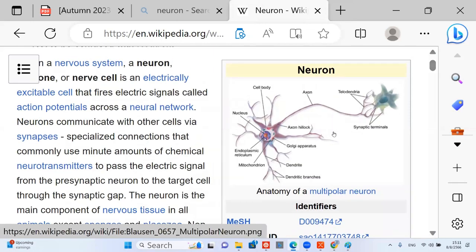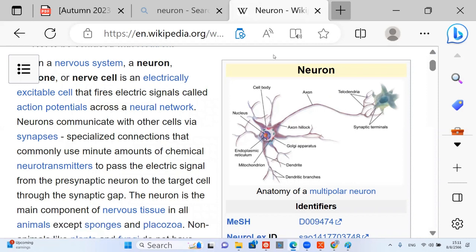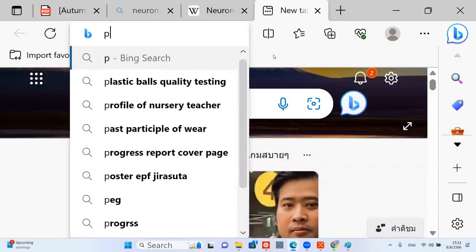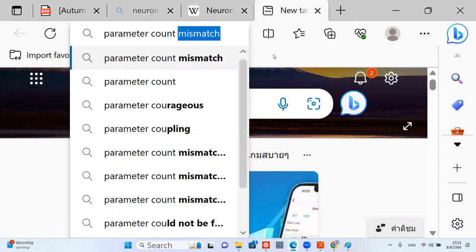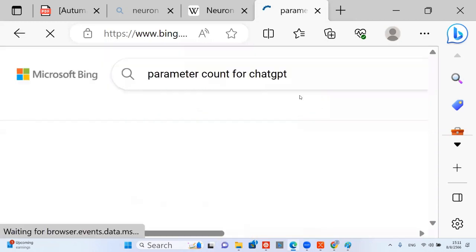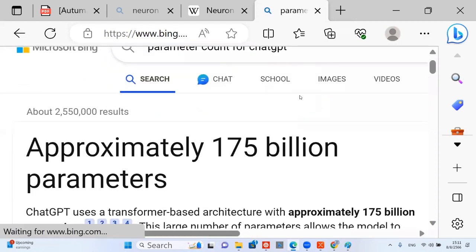So back to our thing. This is the basis of all the AI engines you're going to have. You can think of this as one unit of computation. If you go to something like ChatGPT, you can ask how many parameters there are for ChatGPT, and it's going to give you 175 billion parameters.